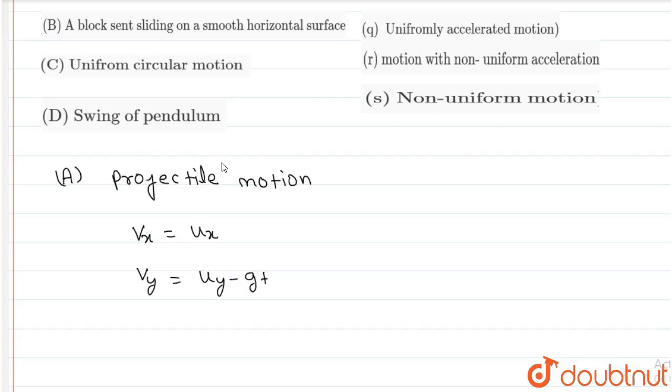So, it is an example of non-uniform motion. So, A is matched with S.